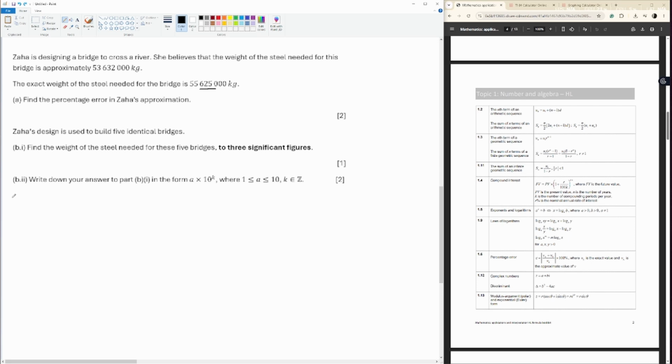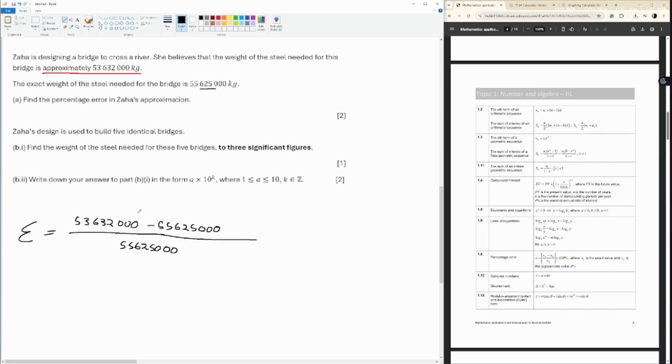Then you can just type in the formula. I hope you have remembered this because we just talked about it. First goes in the approximate value, which is around 53 million, 53,600,000, and then you minus this from 55,600,000 and you divide this by the exact value, which is 55 million.